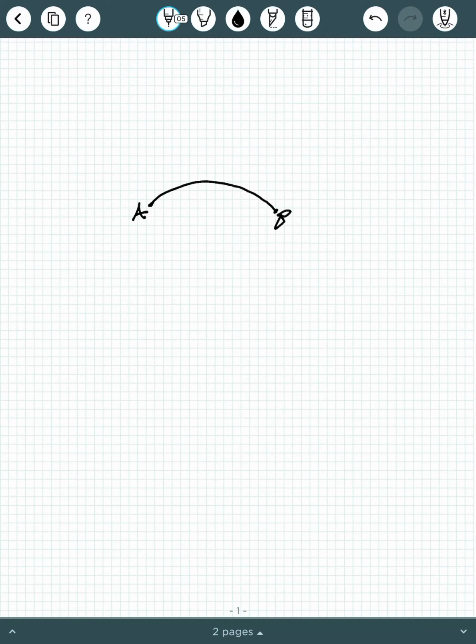So one strategy you could use here would be to trace this on your own paper and fold this arc onto itself so that point A matches up with point B. What that'll do is create a crease running vertically like so.